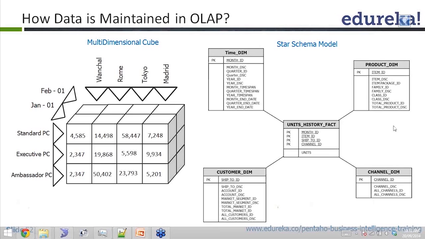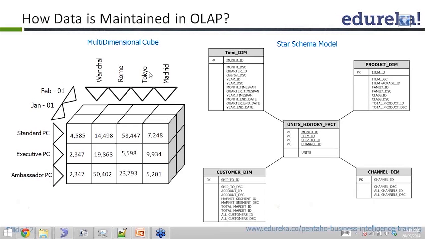Depending on your dimension, you can dive deeper and extract the values. In the center, you can see units, history, fact. So these will be facts, which is the number of units. If you select month as February, product dimension as standard PC, and channel, let's assume none, and no customer, then this becomes a perfect analogy of a three-dimensional database. Okay, the channel here is actually mentioned as Vancouver, Rome.